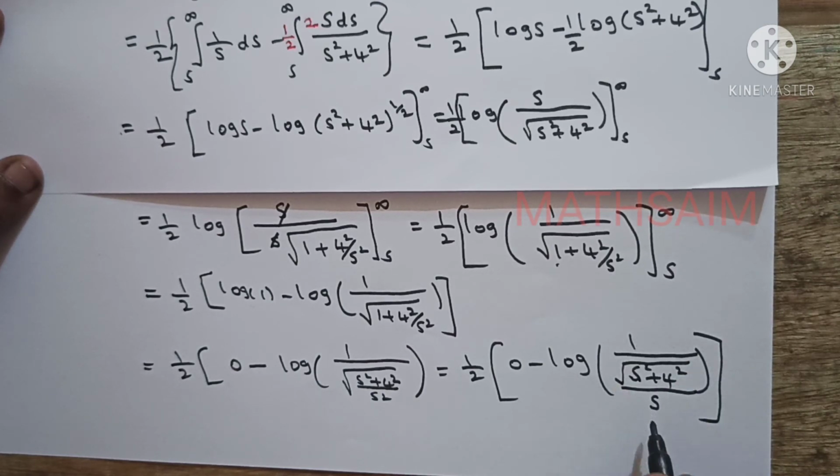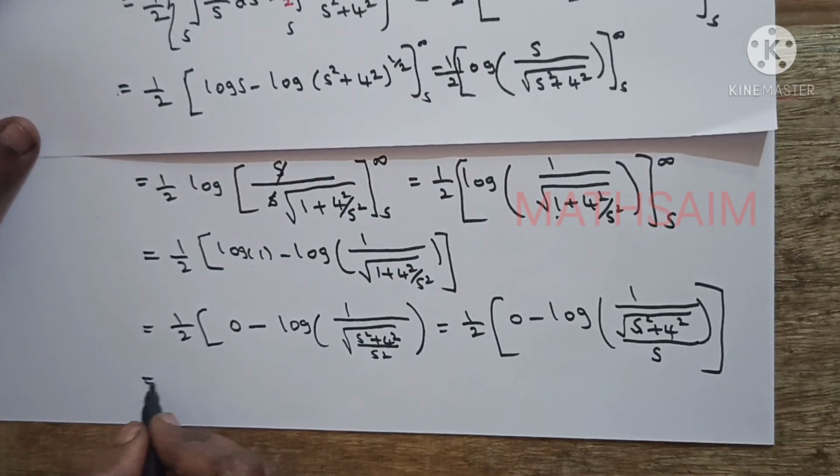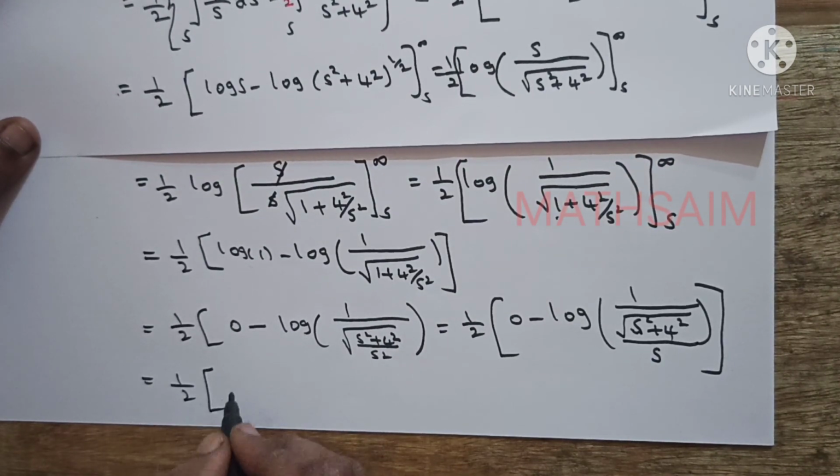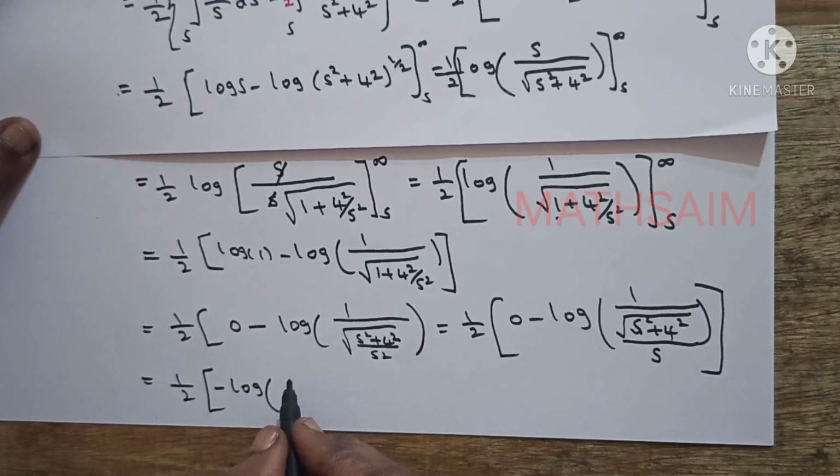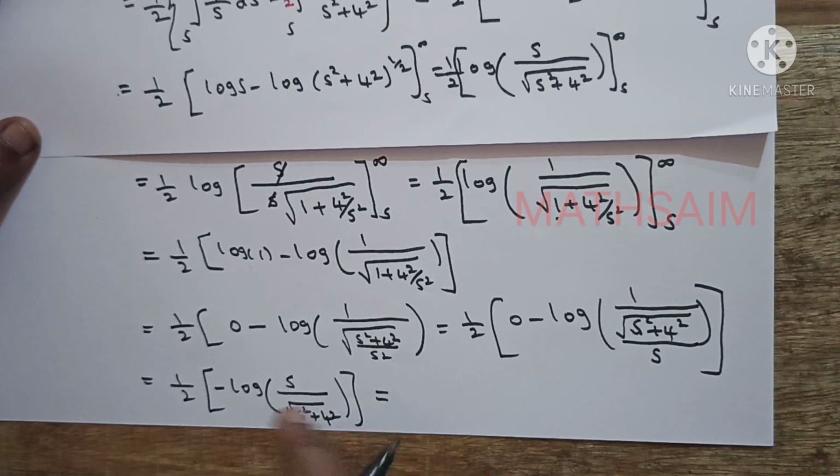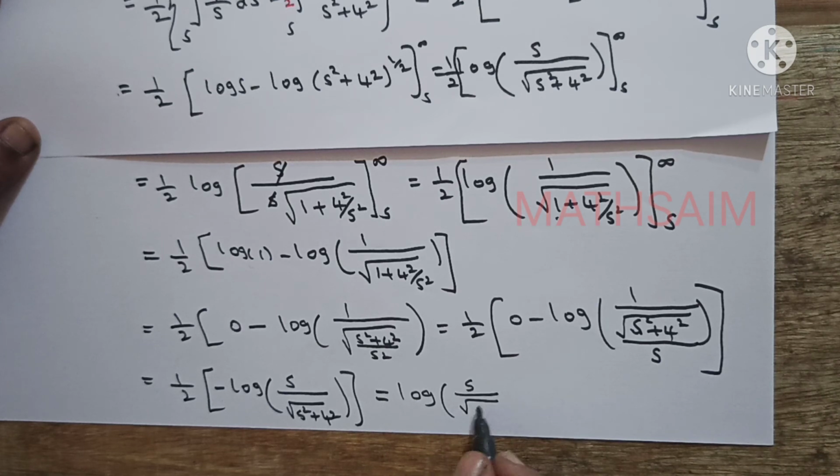Now 1 by this will be 1 by 2 into 0 minus log of s divided by square root of s square plus 4 square. And because of this minus sign, you can write this as log of (s by square root of s square plus 4 square) whole power minus 1, and this 1 by 2.